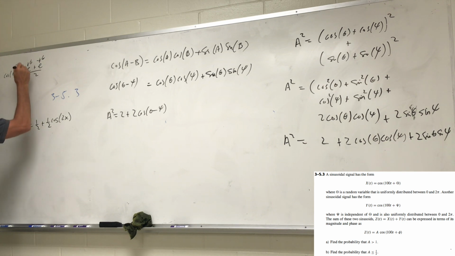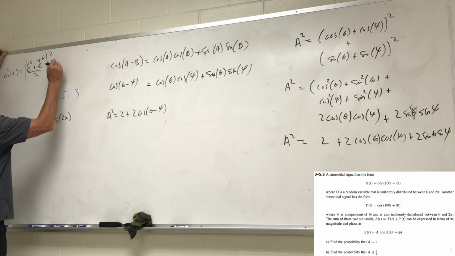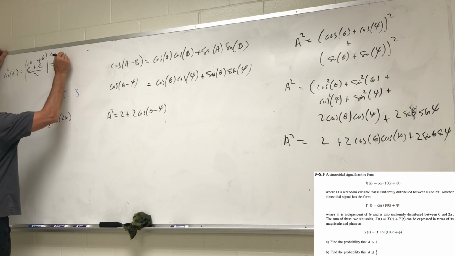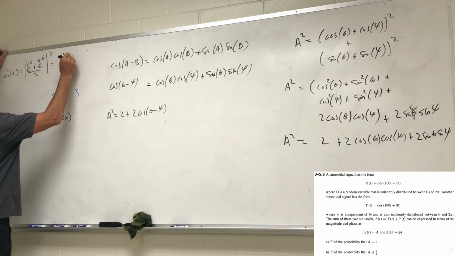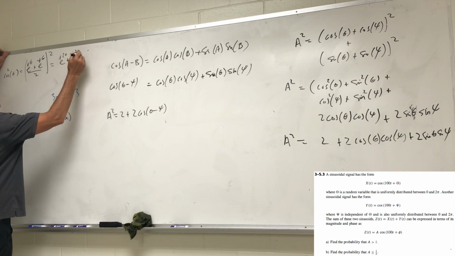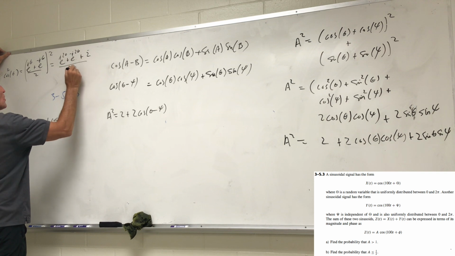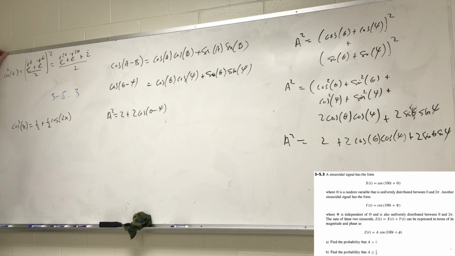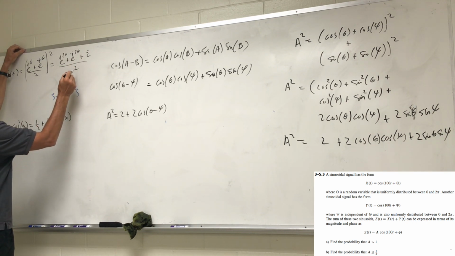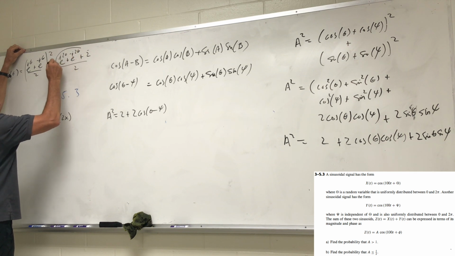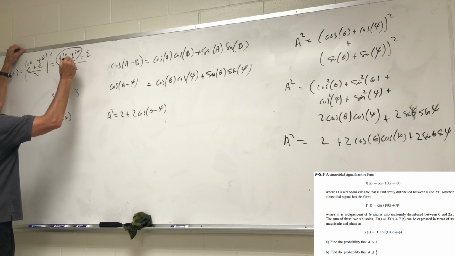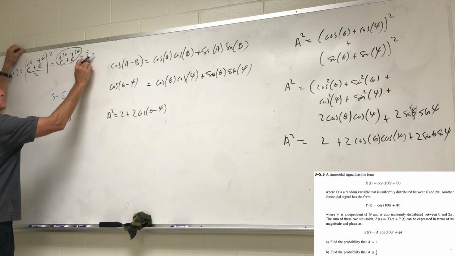Now when I square it, I get e to the j2 theta plus e to the minus j2 theta, and then you're going to get plus 2 over 2. Agree with that? If you look at this right here, it should be this over 2.